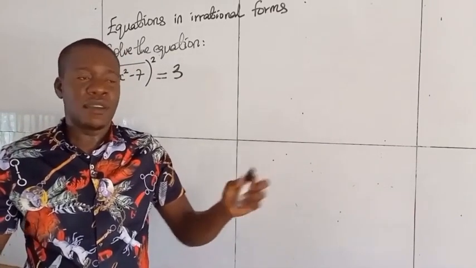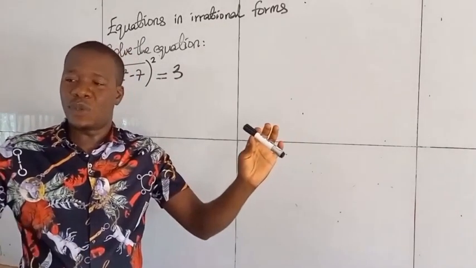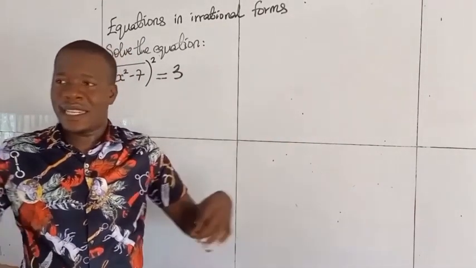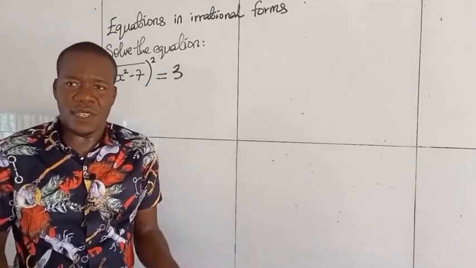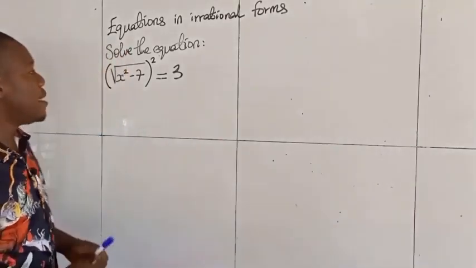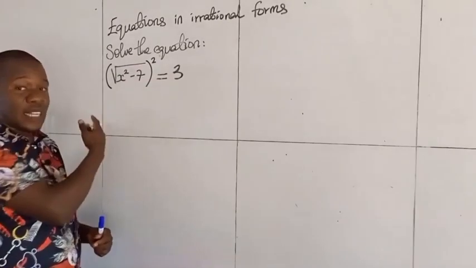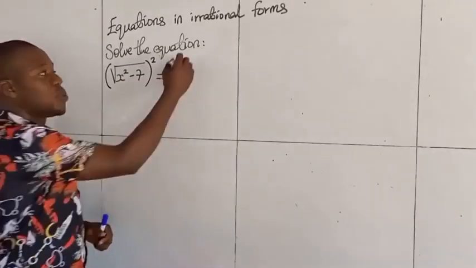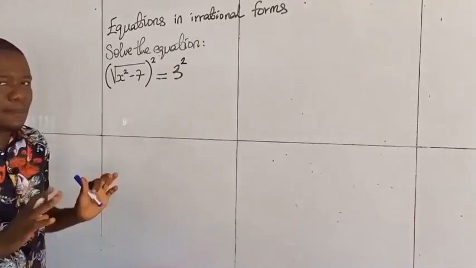But that is wrong. Because if I want to maintain equality, whatever I do to this one, I will do to this. So if I add 10, they are still equal. If I remove 20, they are still equal. If I divide by 2, they are still equal. So the moment I introduce something that was not there originally, square, to the left-hand side, I must also introduce it to the right-hand side so that the equation remains balanced.